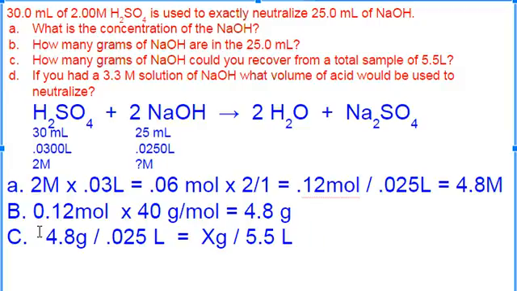And if I cross multiply and divide, I come up with X being equal to 1,056 grams.